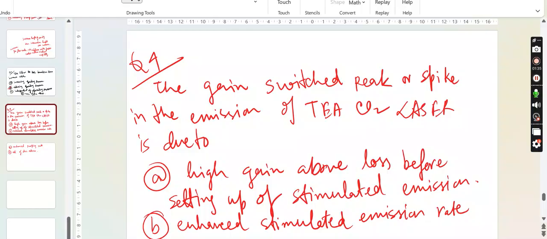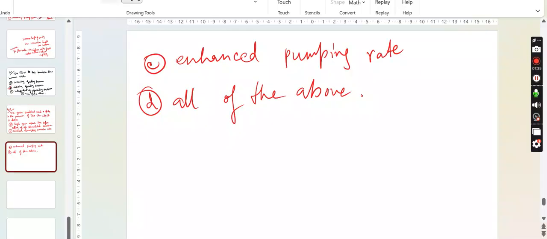An enhanced stimulated emission rate helps the photons build up. An enhanced pumping rate causes the population inversion to build rapidly. So all three factors contribute here. That is why the answer will be all of the above.